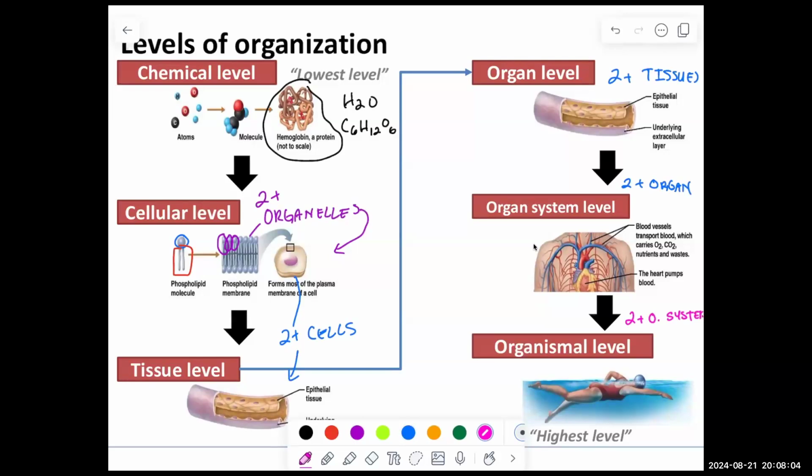There are things smaller than the atom level. There's the submolecular. People in physics study that, but we're not going to focus on that in anatomy. There are things beyond the organismal level, like populations, the ecosystems, the ecology, the biosphere. We're only focusing on this range, just these 6 levels of hierarchy.